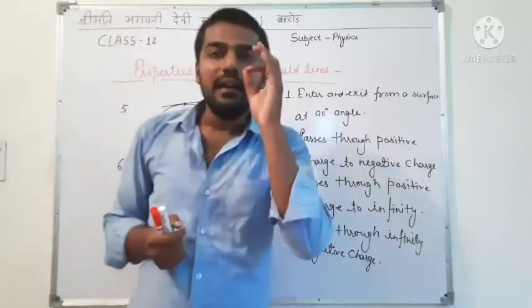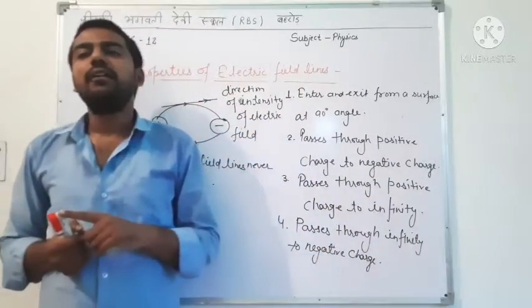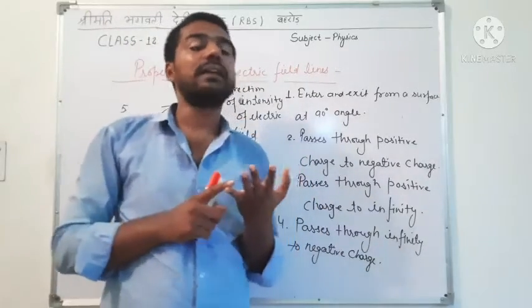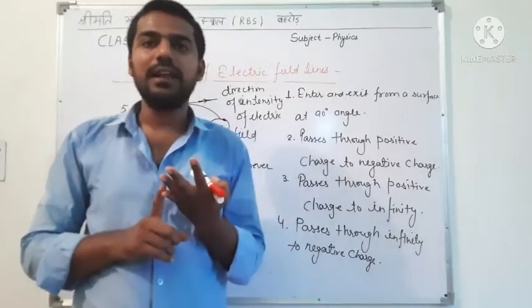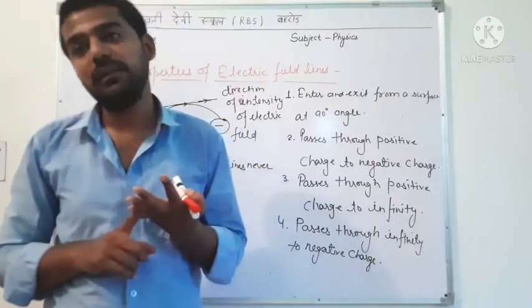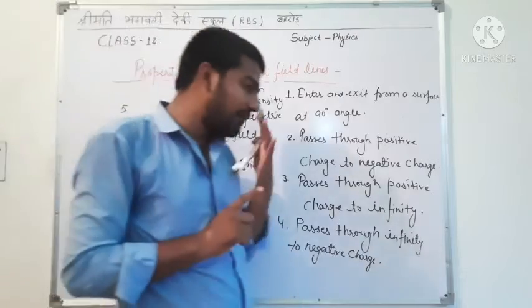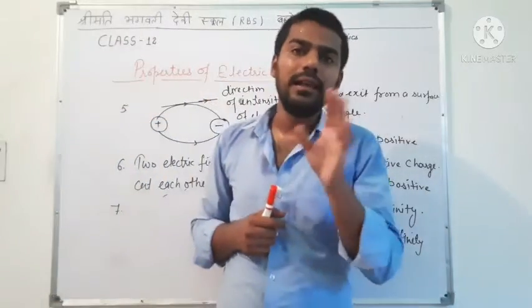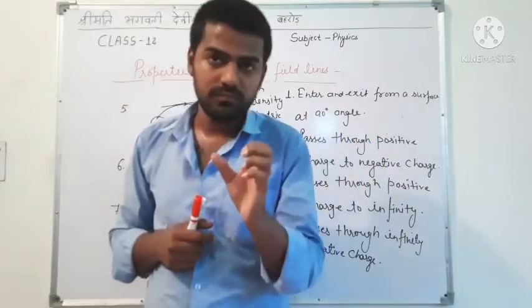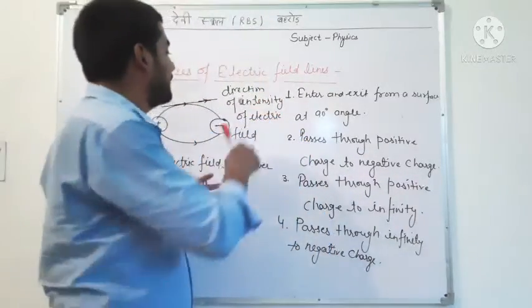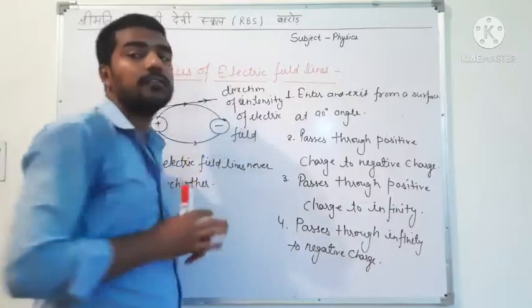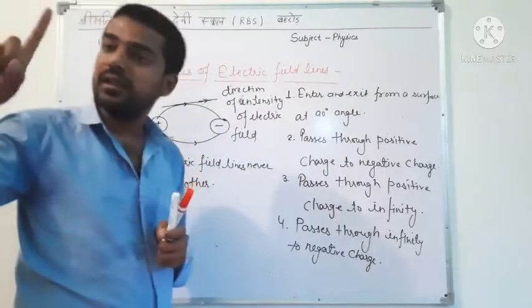So if we have an area where intensity of electric field is very high, then more electric field lines are available there. Or if we have an area where the electric field lines are very low, very short, then the intensity of electric field is very low in that area.